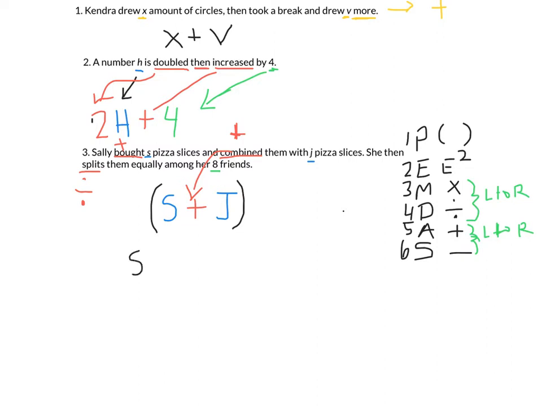This is what a lot of you guys did: S plus J divided by 8. Okay? If we followed the order of operations, what would be our first operation that we would do? Well, it would be division. So the problem would really be J divided by 8 first.